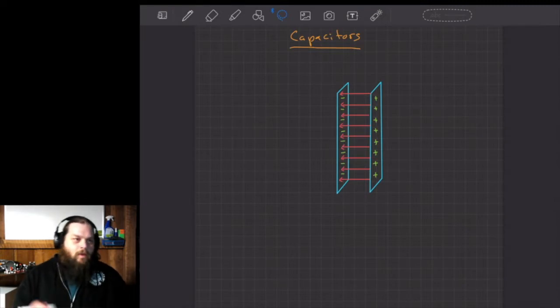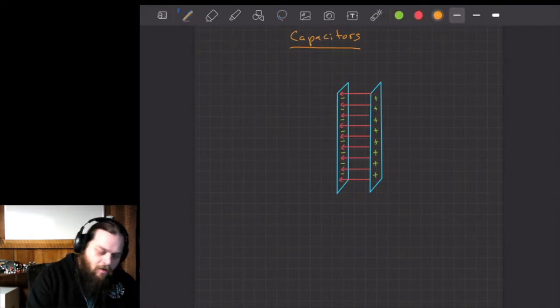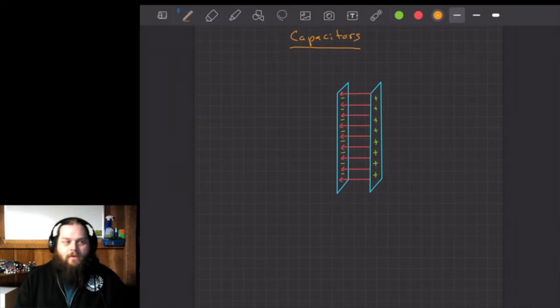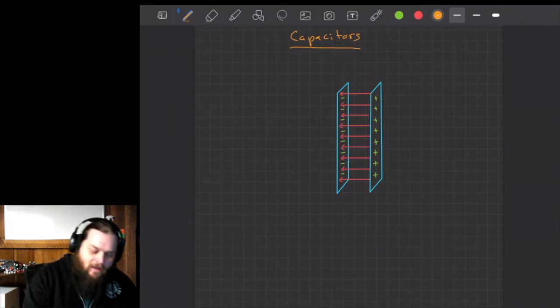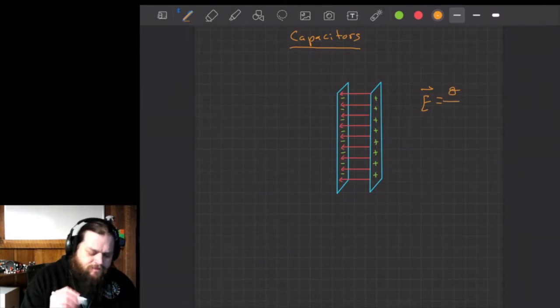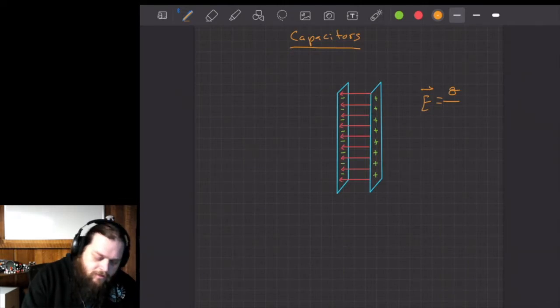And we know, based off of our understanding of charged plates, that the electric field outside of any charged plate is going to be equal to sigma divided by 2 epsilon naught.